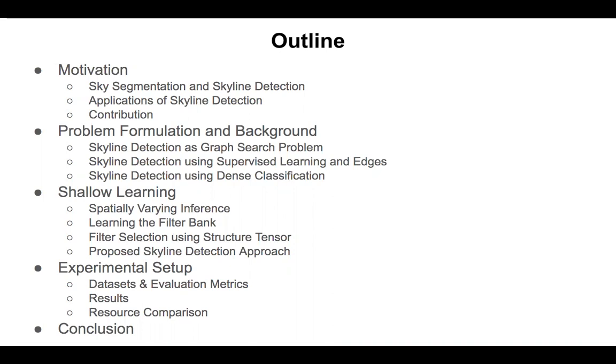Next, I am going to talk about shallow learning, how that framework behaves, and how we have adopted it for the proposal of a skyline detection approach. Subsequently, I will talk about the experiments and conclude with some results.